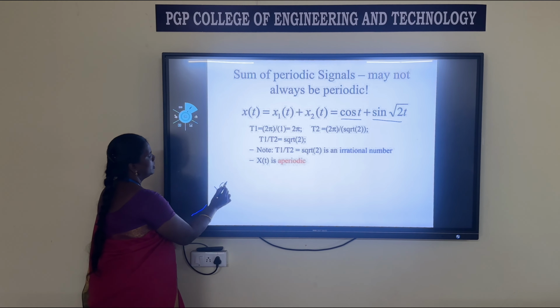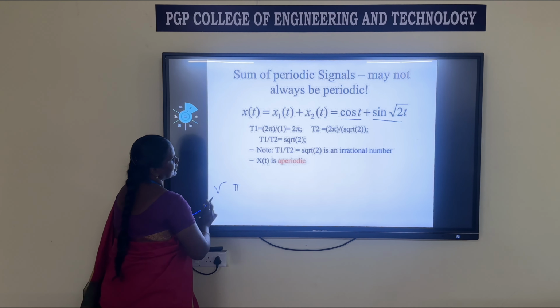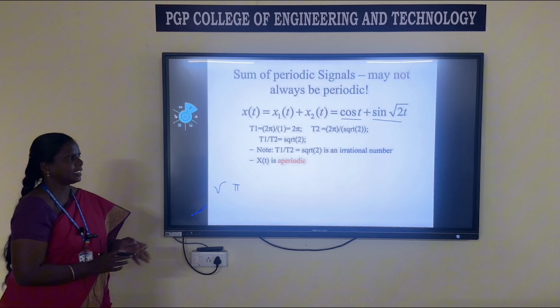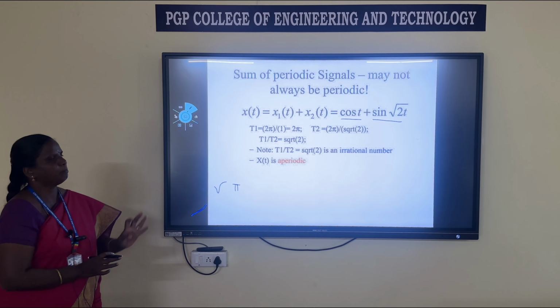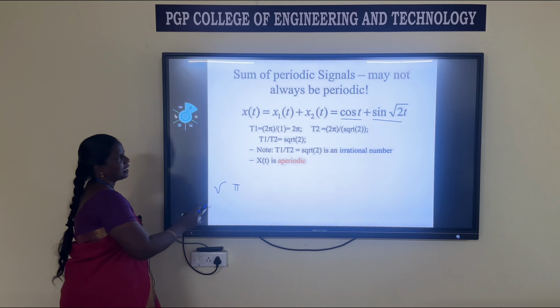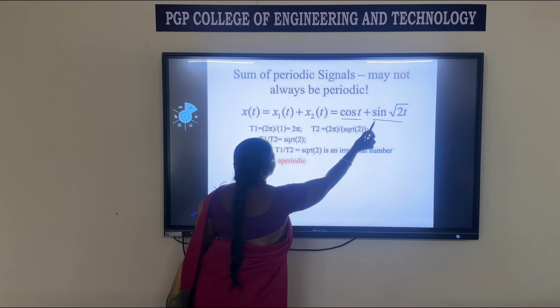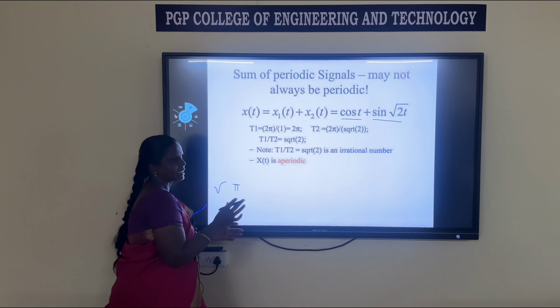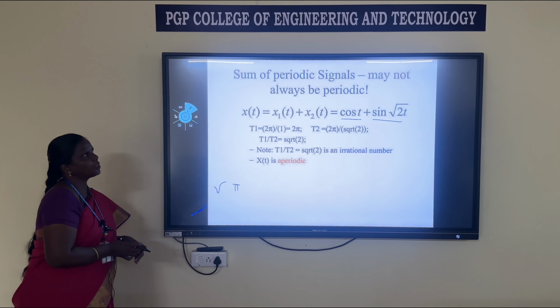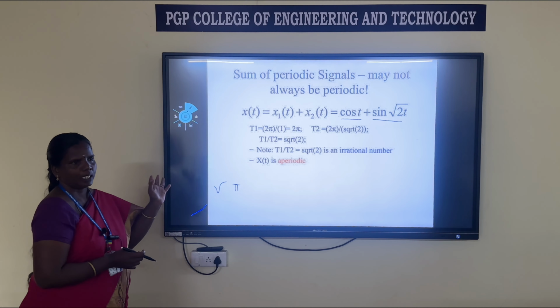Square root 2 with pi gives an irrational number, not a rational number, so it is an aperiodic signal. So the second term is aperiodic. We have to sum these. This is a periodic signal, this is a non-periodic signal. We sum the two signals and get an aperiodic signal.